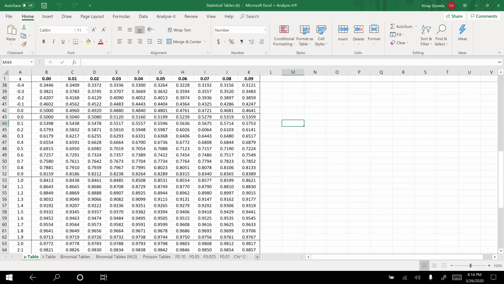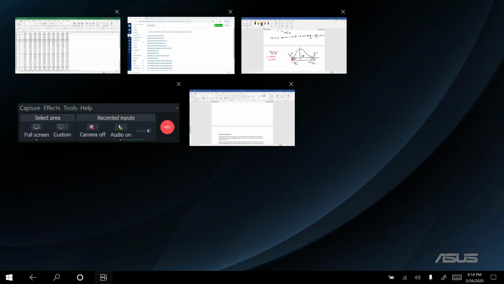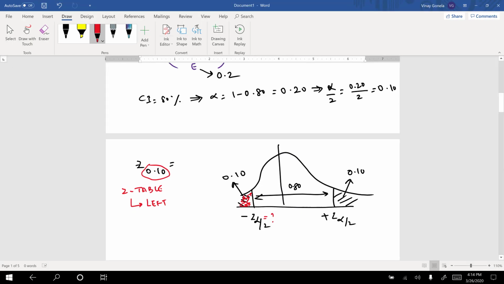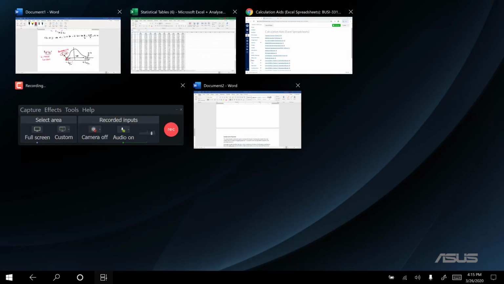So we go to z table and look for 0.10, so that's our probability. So we go and look for our probability of 0.10.